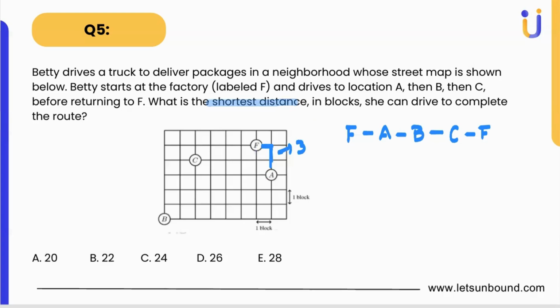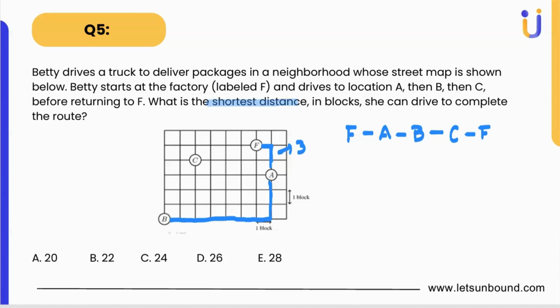Now coming to A to B, how will we go from A to B? Just count the number of blocks without moving in a zigzag pattern or crossing unnecessary blocks. We just go from A to the corner and then travel to B. A to the corner is 3 blocks, and from the corner to B is 7 blocks.